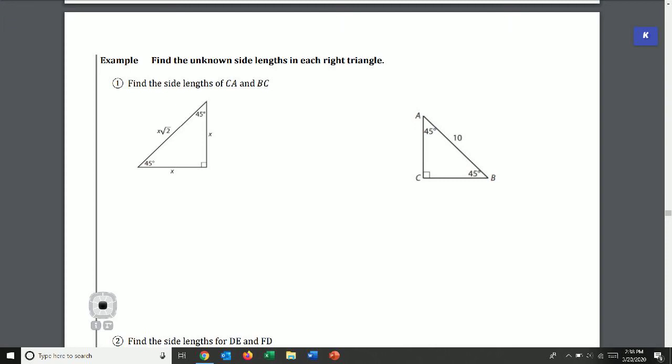And what is given is the hypotenuse. So you see your equation on the left, and you see your problem on the right. We could say x square root 2 is equal to 10, because this side is equal to this side.